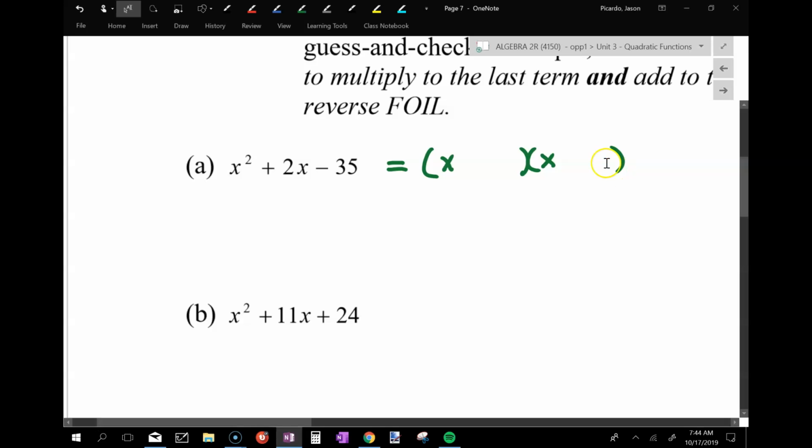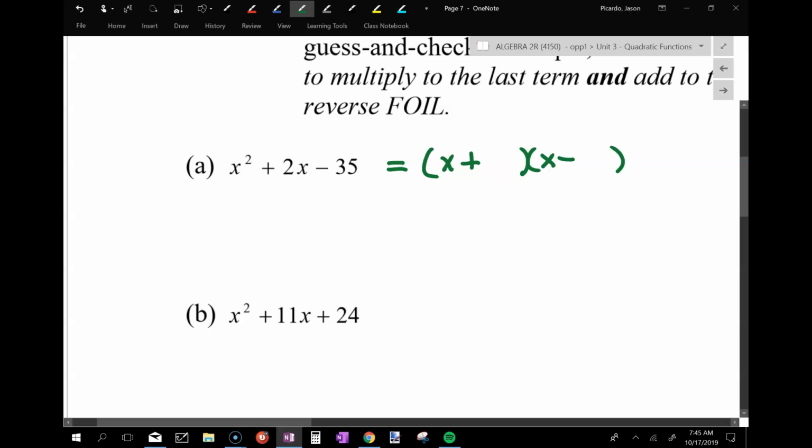Guys, there's also something else that I know. Undoubted, surefire. This number is what? Give me a sign. Negative 35. The only way to get a negative 35 is if one of these is positive and one of these is negative. So I know, no doubt about it, that that is going to be positive and negative.